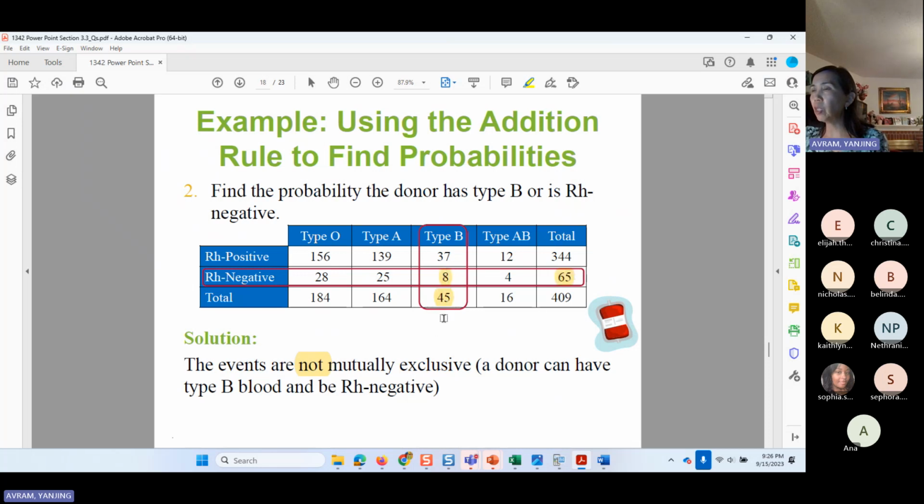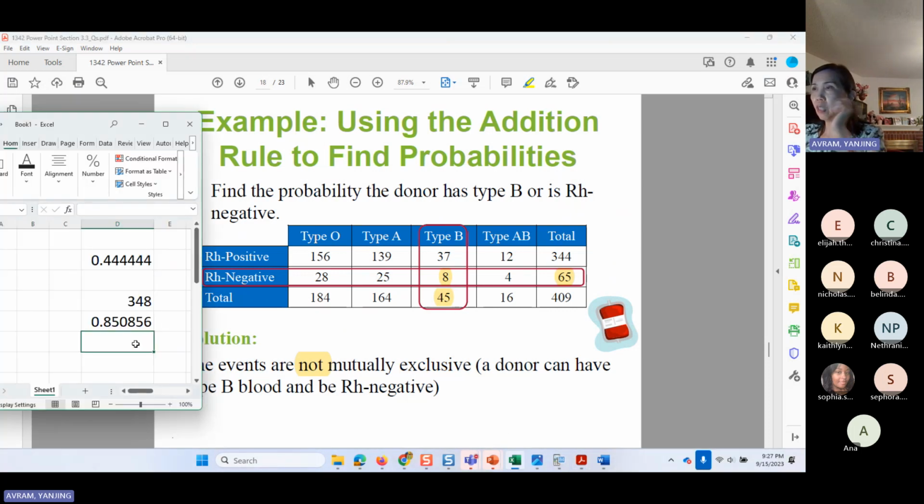If you count this one as 45, you also count 8. So you count 8 twice. So if you add 65 and 45 together, you must minus 8 once, because this 8 was counted twice. So the way you calculate this one is you use 45 plus 65, right? But you need to minus 8 once.